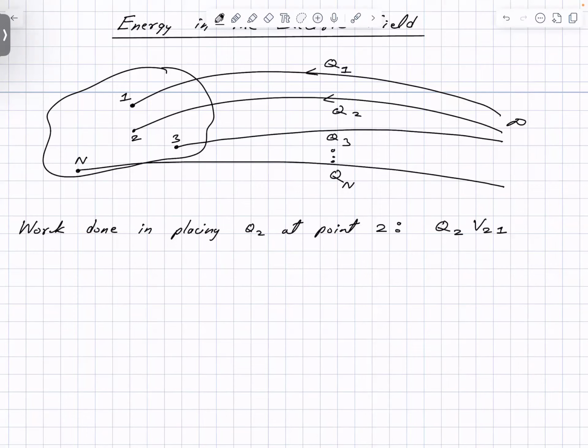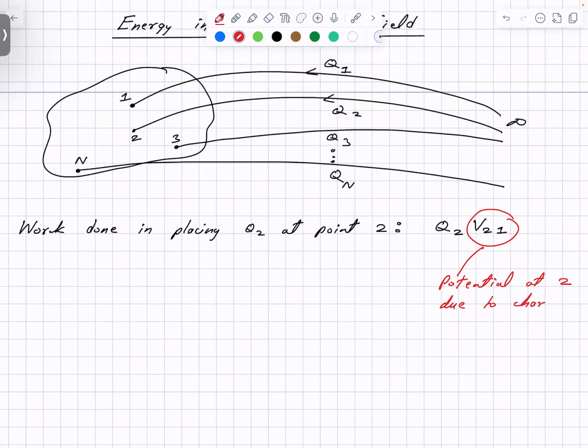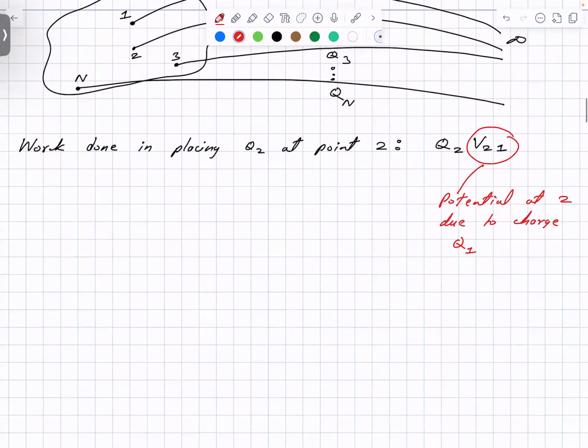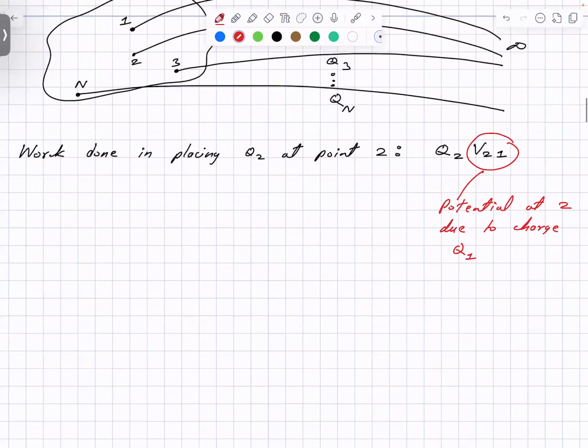And we'll write it in this way. What this notation means is potential at 2 due to charge Q1. So we'll use this notation. All right, that's it for charge Q2.